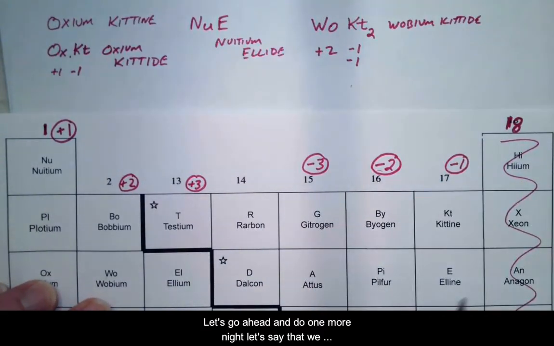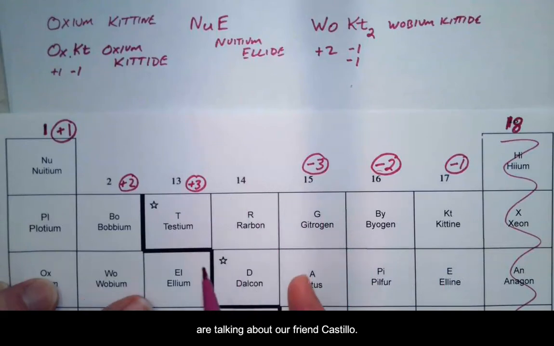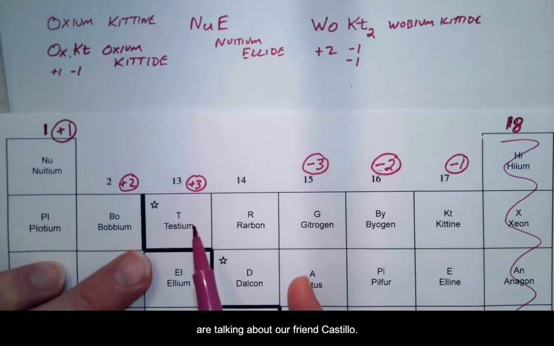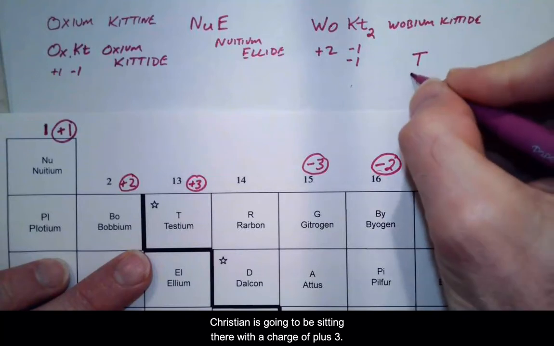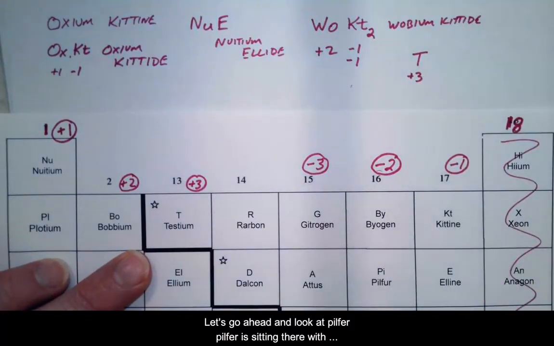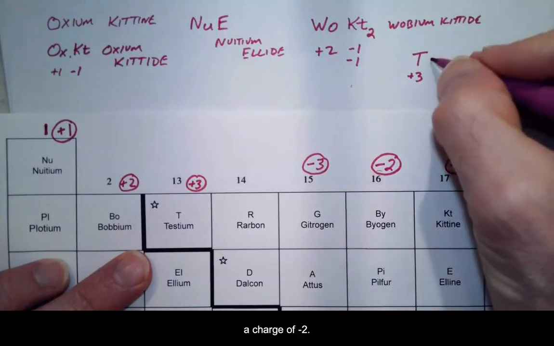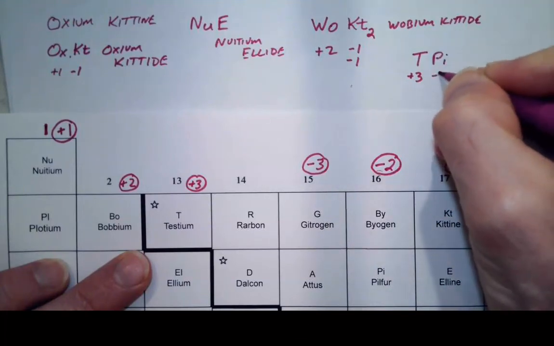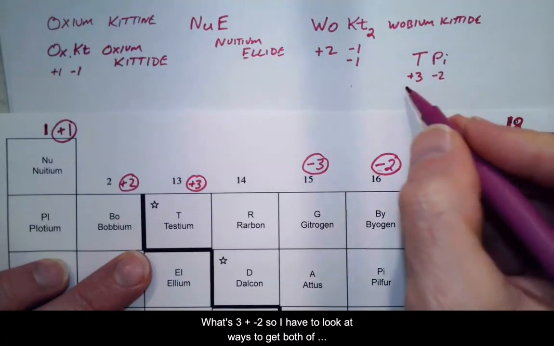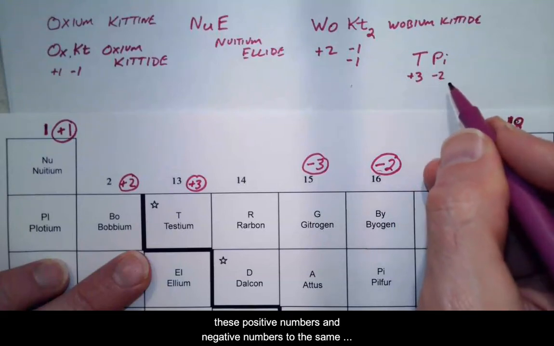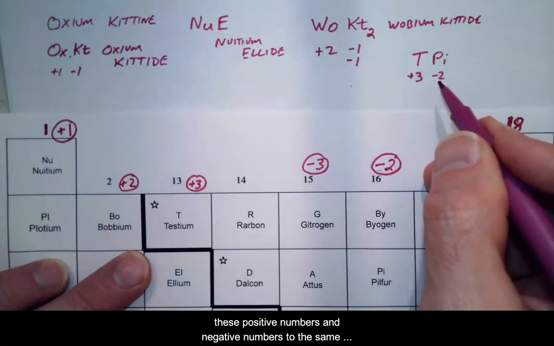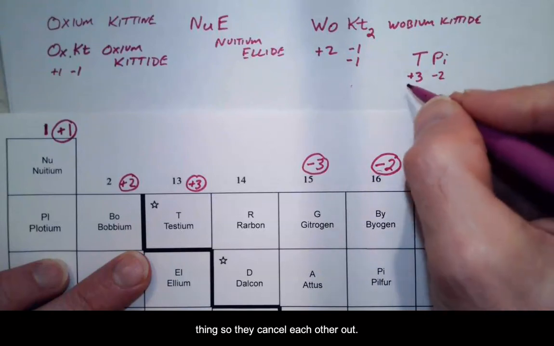All right. Let's say that we are talking about our friend testium. Testium is going to be sitting there with a charge of +3. And let's go ahead and look at pilfer. Pilfer is sitting there with a charge of -2. Well, that won't do. +3 and -2. So I have to look at ways to get both of these positive numbers and negative numbers to the same thing so they cancel each other out.